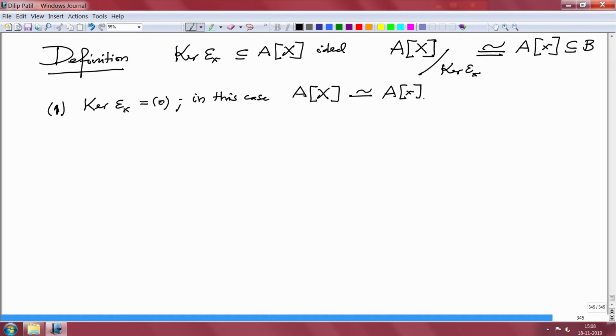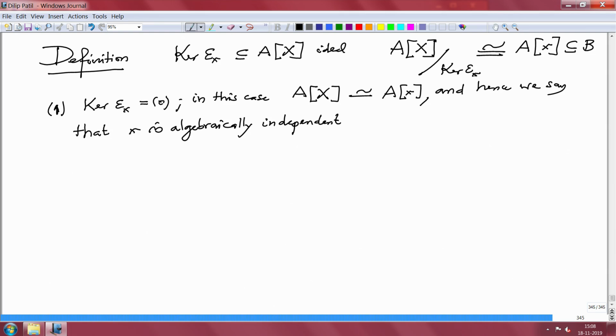And hence we say that small x is algebraically independent, or some people also say transcendental, over the ring A.